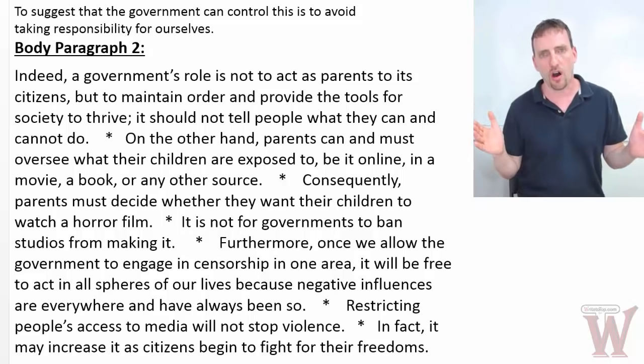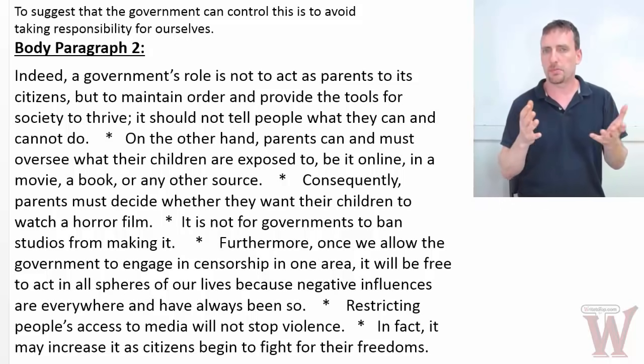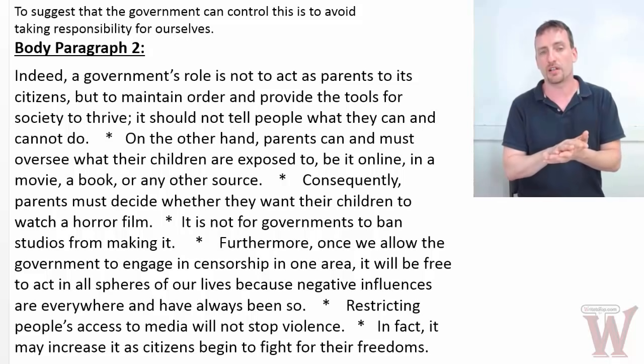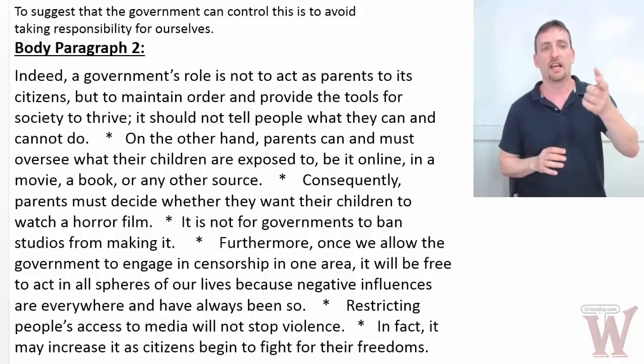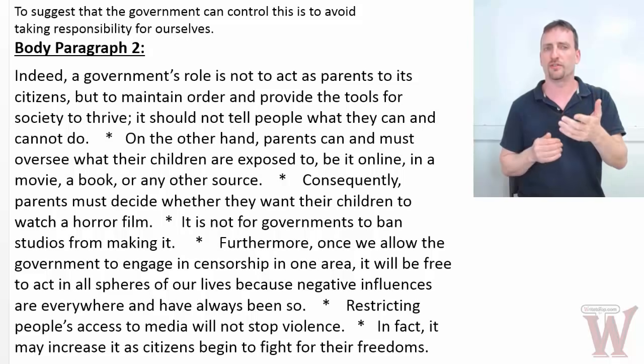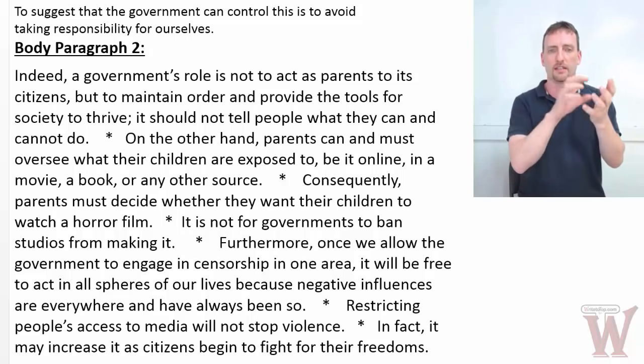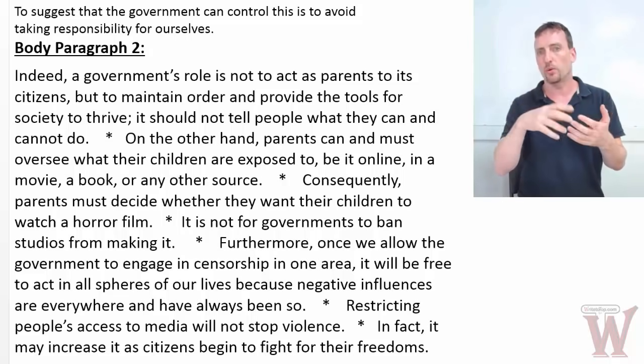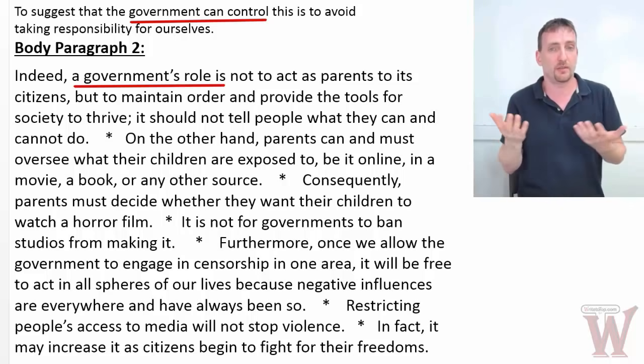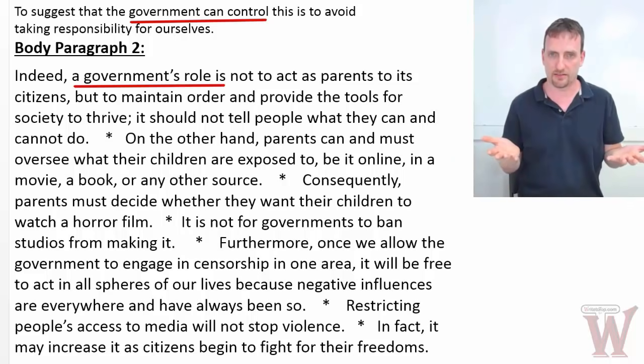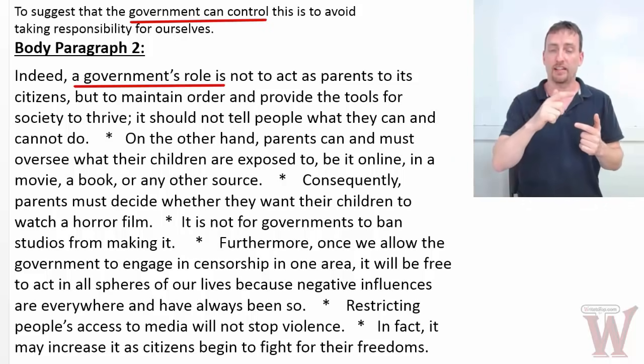So this is a bit of a long topic sentence, but it's okay in your second body because, again, I'm making the shift. So the government, to suggest the government can control this is to avoid taking responsibility. Indeed, it's not the government's role. It's not the government's responsibility to act as people's parents, right? So there's my link right there.